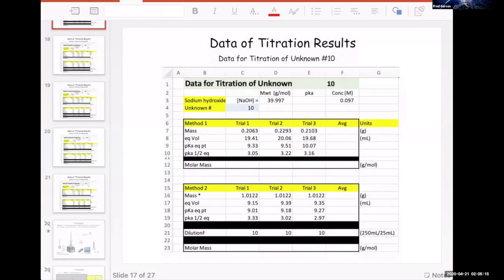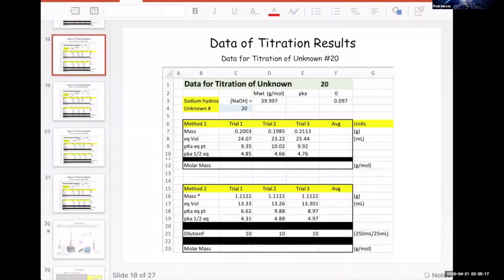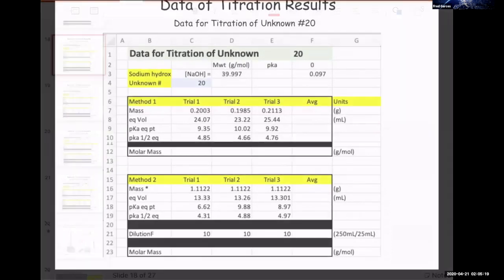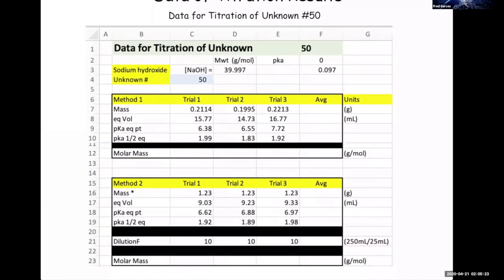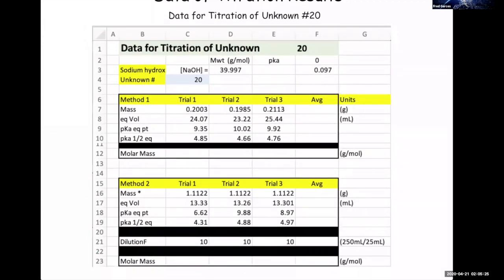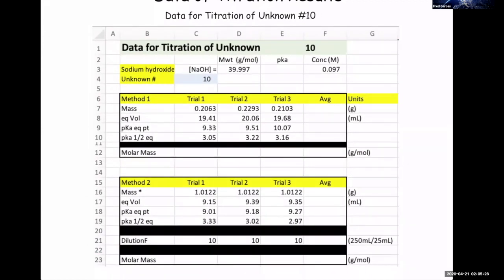So in the end, oh, I forgot to show you one other thing. These right here, and it's found in Canvas, is the data for the unknown. If you're assigned unknown number 10, then this is method A, this is method B. I'm not going to tell you what the unknown is, because that's what you guys are going to be calculating.